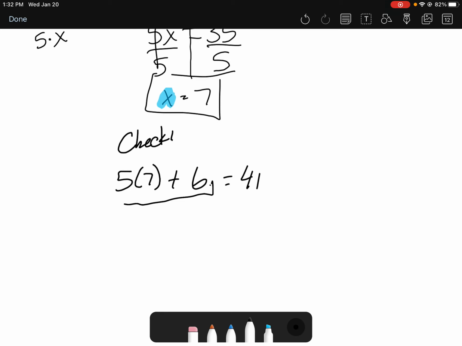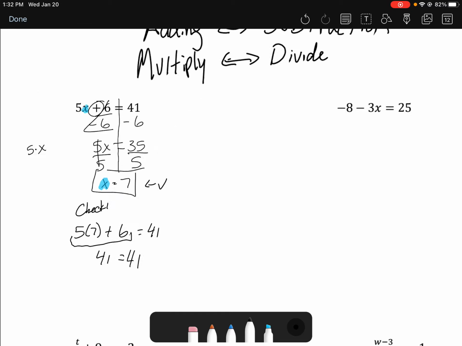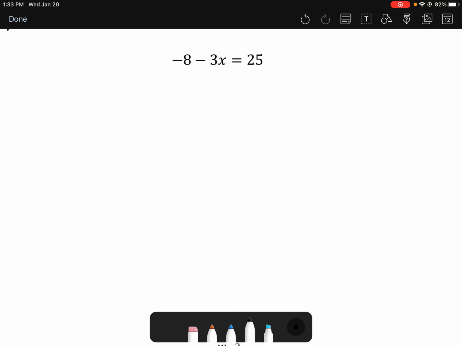You can just plug this part right here into your calculator. 5 times 7 is 35, plus 6 is 41. 7 is the correct answer.